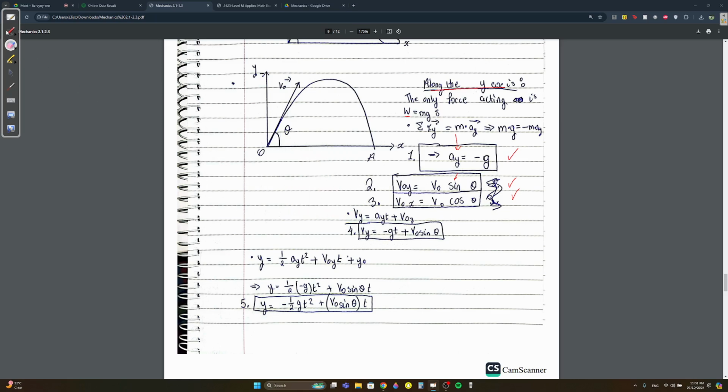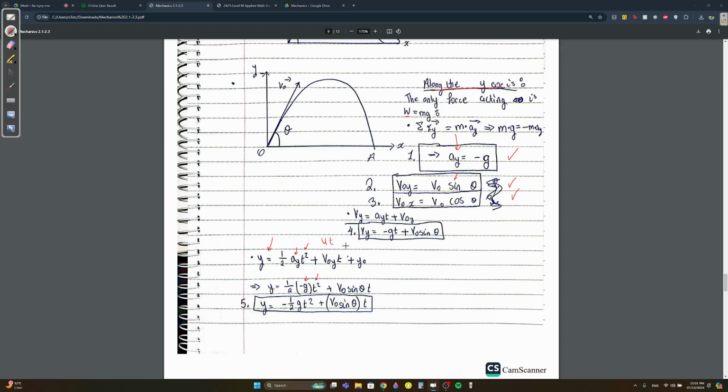Next, we know that y, or x, the distance traveled. When I say y, you're going to see y a lot. It is equal to half a t squared plus v naught t plus y naught. That's the original formula. Now we know that the acceleration of y is minus g. T squared stays as t squared.